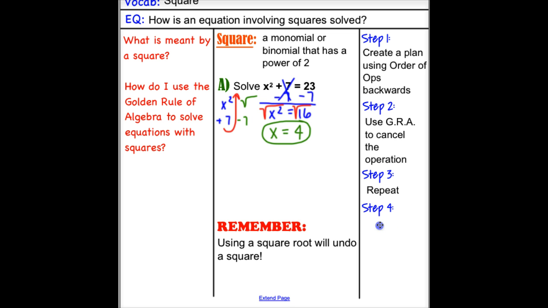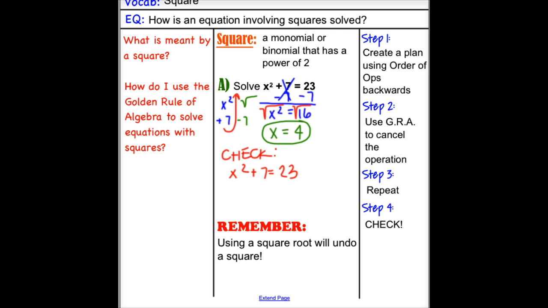And then finally, moving on to making sure you check your work. For this first one, I'm going to check my work because I want to make sure that I did it correctly. Remember, our first step of our check is to rewrite the problem: x squared plus 7 equals 23.